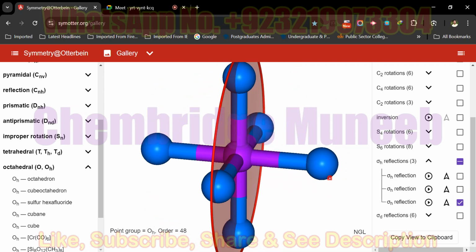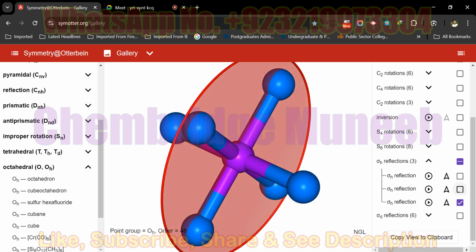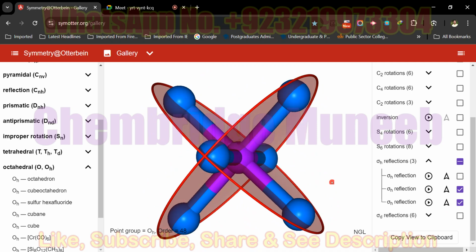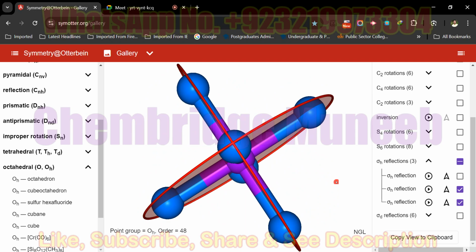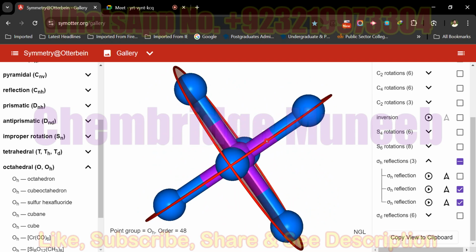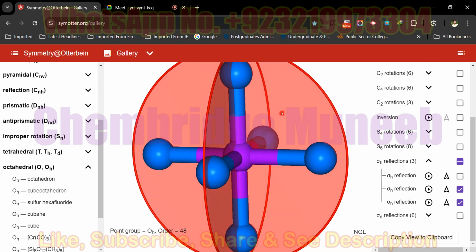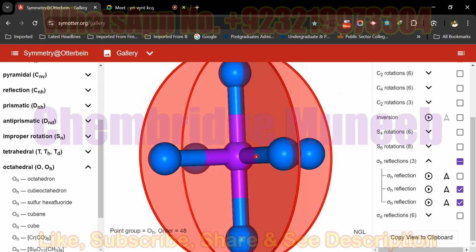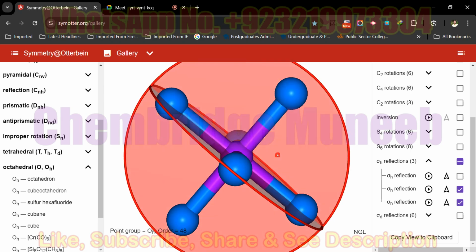There are 4 atoms on one plane like this, and the other 4 atoms, or in total there are basically 6 blue atoms, and they are present on these 2 planes, and the angle between in any case will be, what do you see the angle here? The angle between the vertical and the horizontal atom? 90. So in any direction you will see that the angle will remain the same, that is 90 degree.